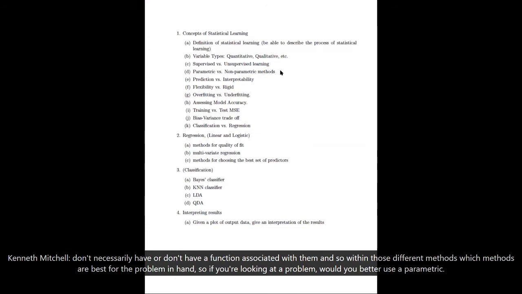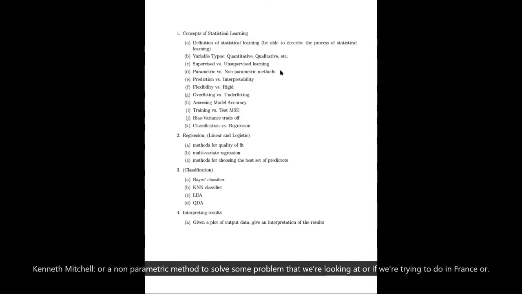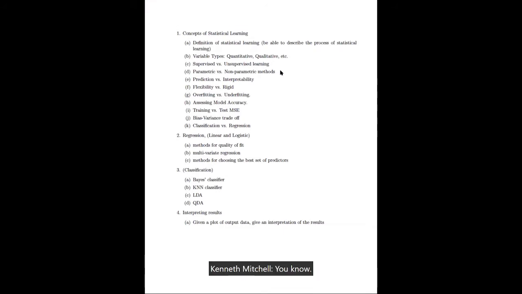If you're looking at a problem, would you be better off using a parametric or a non-parametric method to solve it? Or if we're trying to do inference or something else, then what would we need those for?